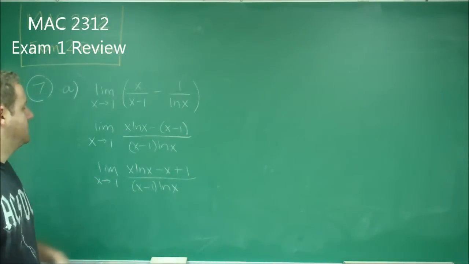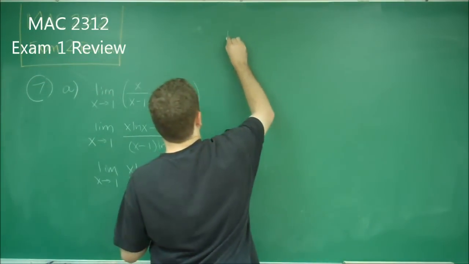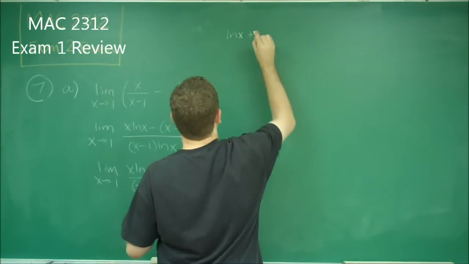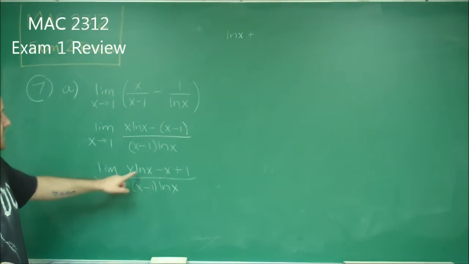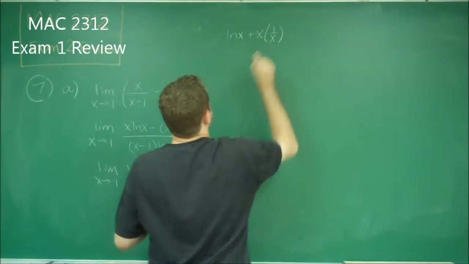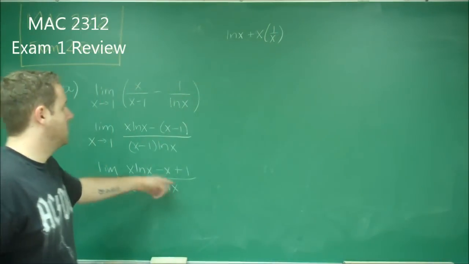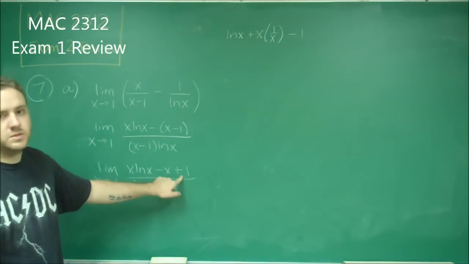So the derivative of the top, x ln x, we have to do product rule. So that's going to be ln x plus ln x times 1 plus x times the derivative of ln x, which is 1 over x. The derivative of negative x is minus 1. Derivative of plus 1, 0.